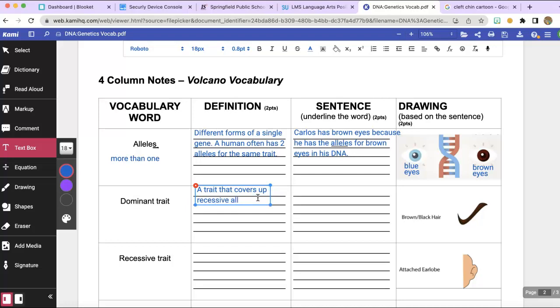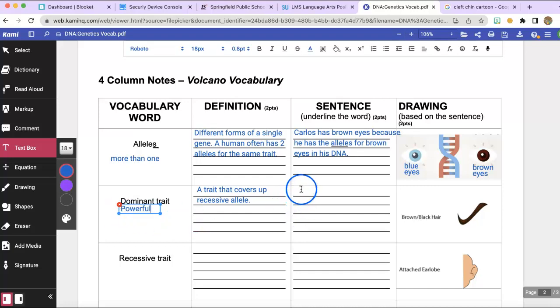Now, if you're not familiar with the word recessive, remember, dominant means powerful. It covers up things. If something is recessive, it's weaker. So, we'll talk more about that. Take your pencil also and go under the word dominant in the vocabulary column. I want you to type or write powerful.